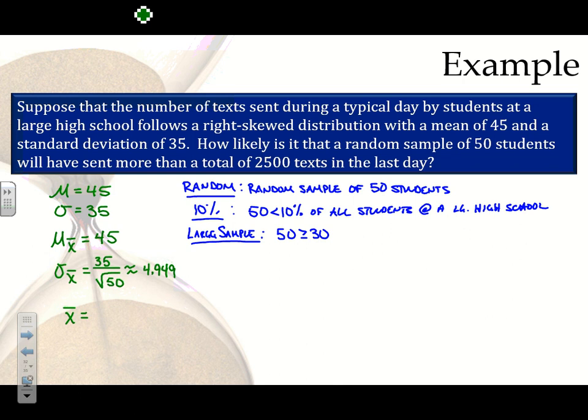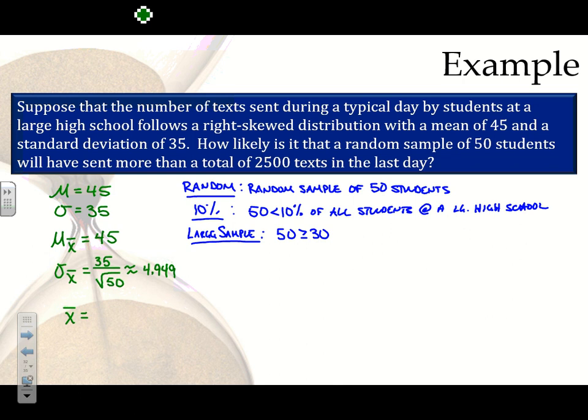If there's 2,500 texts for the entire group of 50, the average number of texts would be 50 texts per student. Does that make sense?